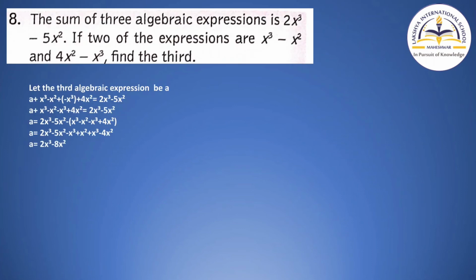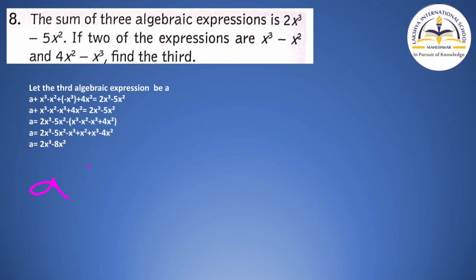Question number 8, the sum of three algebraic expressions is 2x cube minus 5x square. If two of the expressions are x cube minus x square and 4x square minus x cube, find the third. Now let the third algebraic expression be a. Here we have considered the third algebraic expression a.